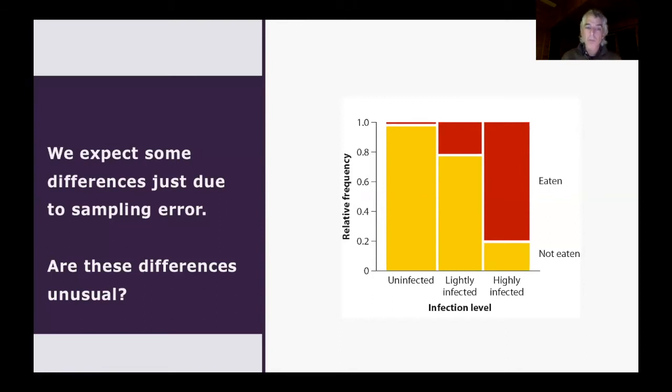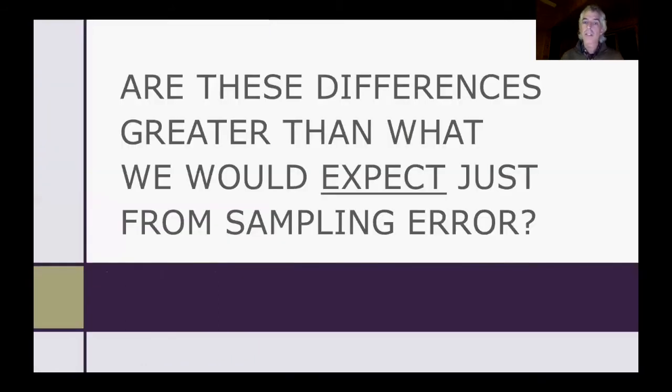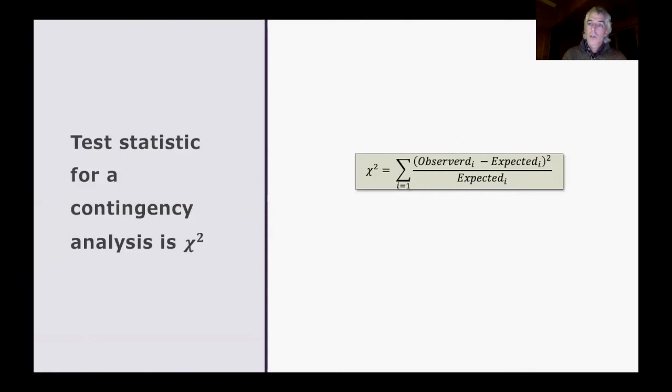So we need to perform some sort of statistical test to determine whether the differences or associations that we're observing between infection and whether or not the fish are eaten are really unusual compared to what we would expect just by sampling error if the null hypothesis were true. So are these differences greater than what we would expect just from sampling error? So to test this, we need a test statistic.